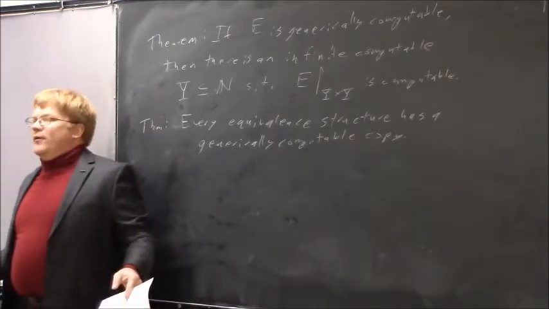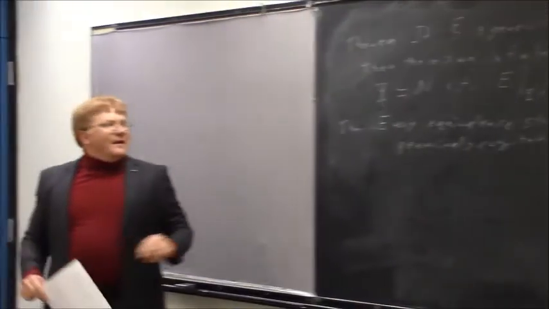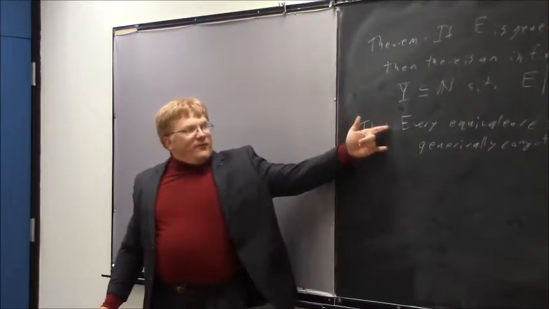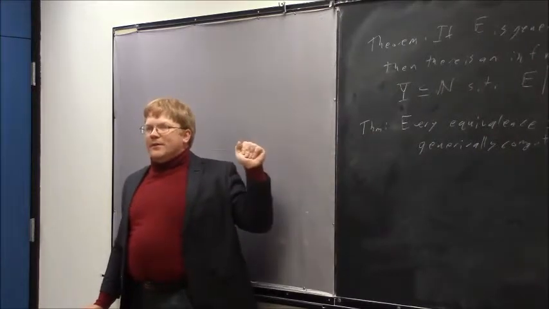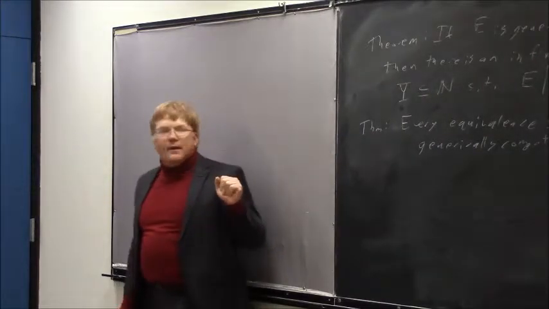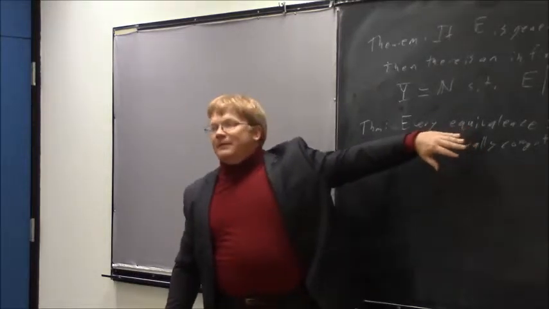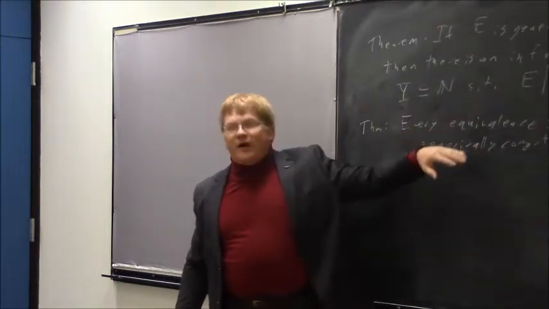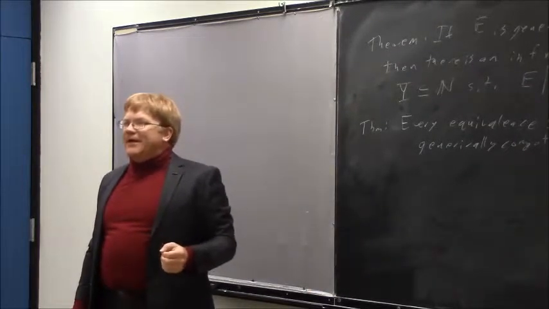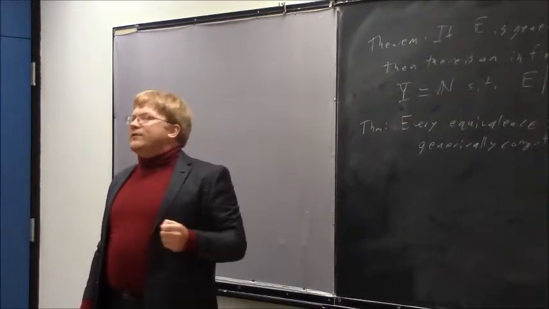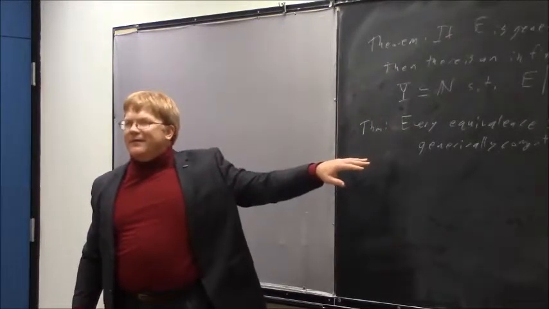Okay, any countable equivalent structure, any equivalent structure on the natural numbers. There is an equivalent structure isomorphic to it that's generically computable. Now, drop generically here. It's no longer every structure. In fact, there's a really, really nice body of theory saying which ones do and which ones don't have computable copies. And here, yeah, everything works.